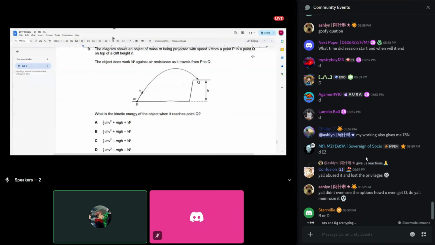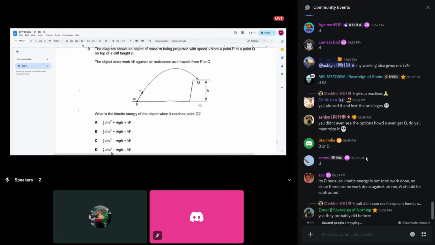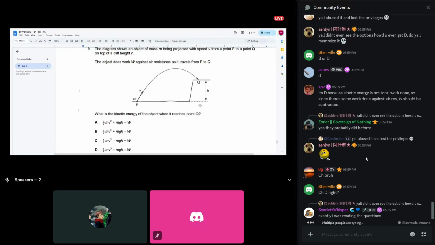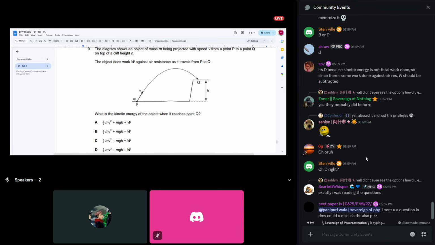That energy is going to be lost to the air resistance. So minus W, which instantly eliminates A, C. And because it ends at a high, so D. Yes, D.